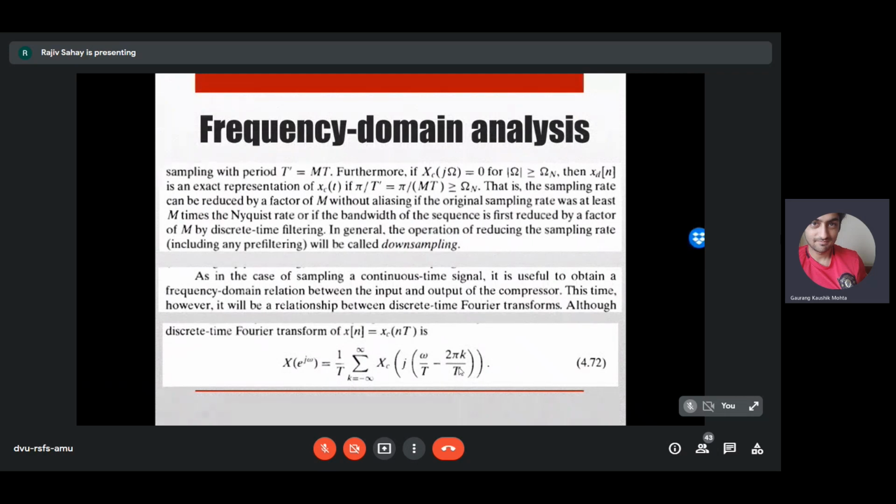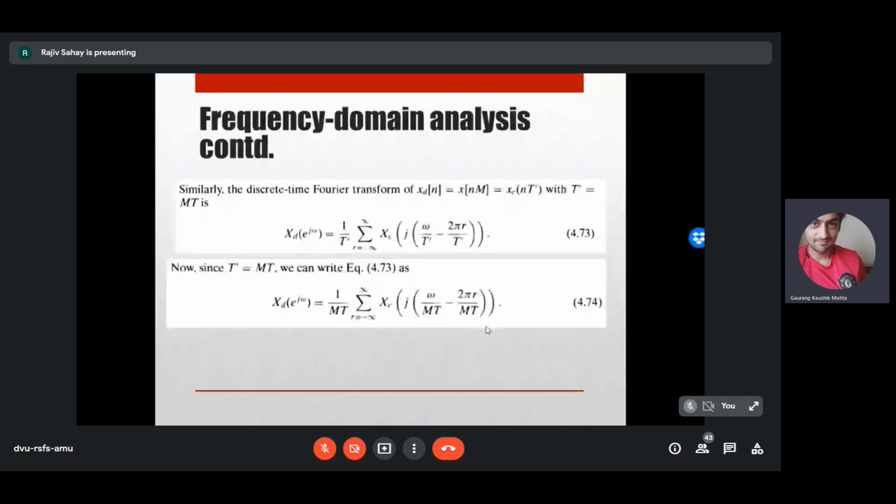T was the original sampling period with which you got x[n]. Now you are trying to obtain x_d[n], which is obtained from the original signal x_c(t) by sampling at a sampling period of T'. So now you have T' everywhere on the right hand side, and T' is equal to MT. So now you can write this.